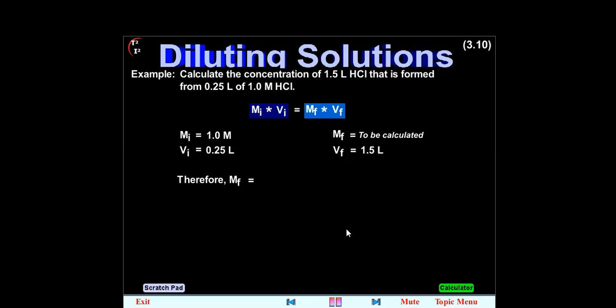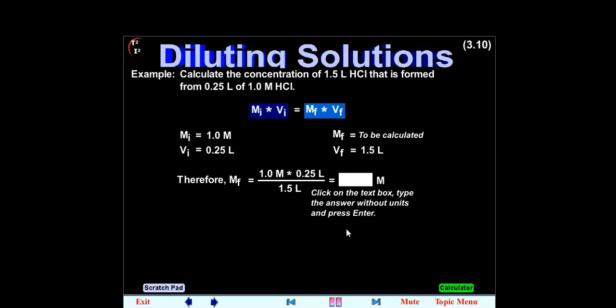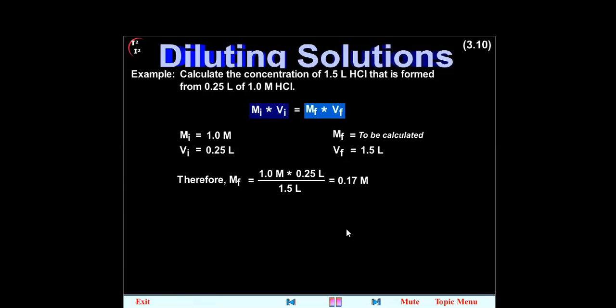Therefore, Mf equals 1.0 times 0.25 divided by 1.5 equals 0.17.